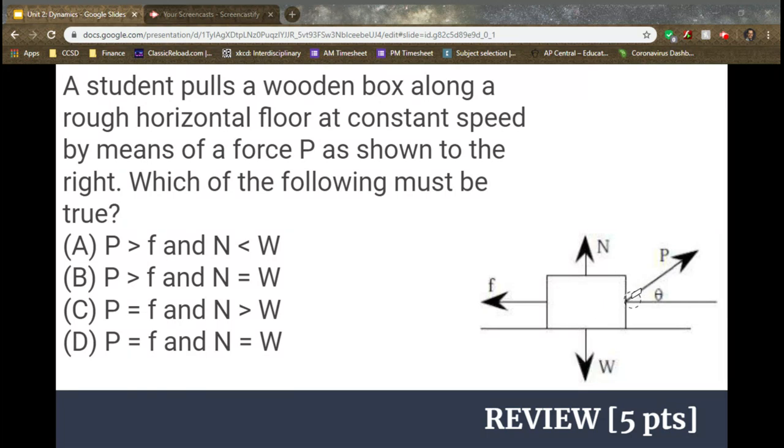Or C, this force equals this force, and then your normal force is greater than your weight? Or D, this force is equal to this force, and then your normal force is equal to your weight? Pause the video, think about it. The correct answer is A.